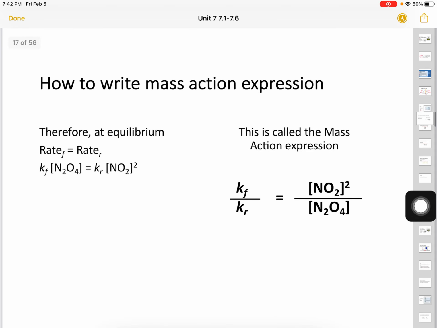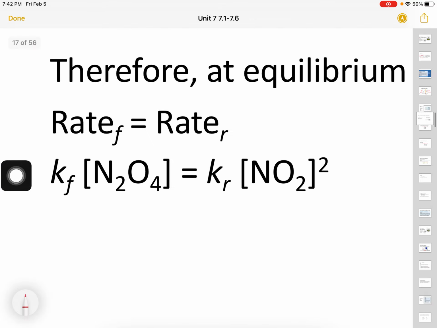Now, if I put those two things and set them equal to each other, because at equilibrium, the rate of the forward reaction is equal to the rate of reverse reaction. So the rate law for the forward reaction would be equal to the rate law for the reverse reaction.